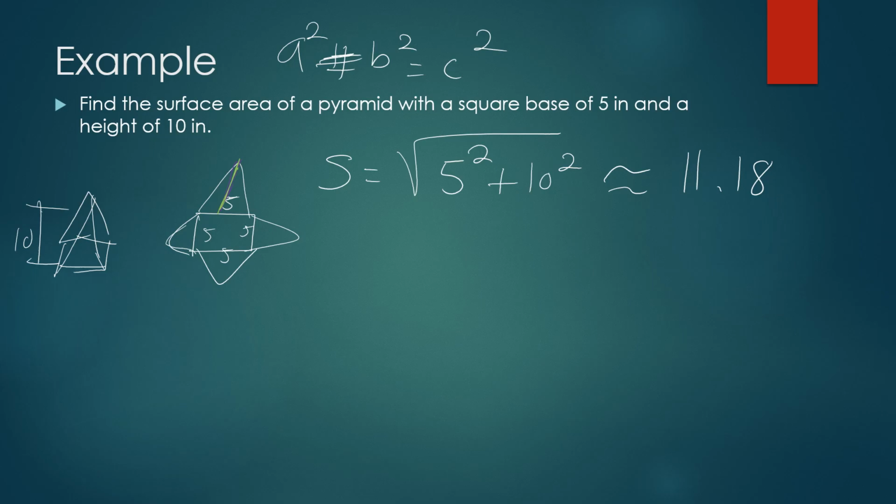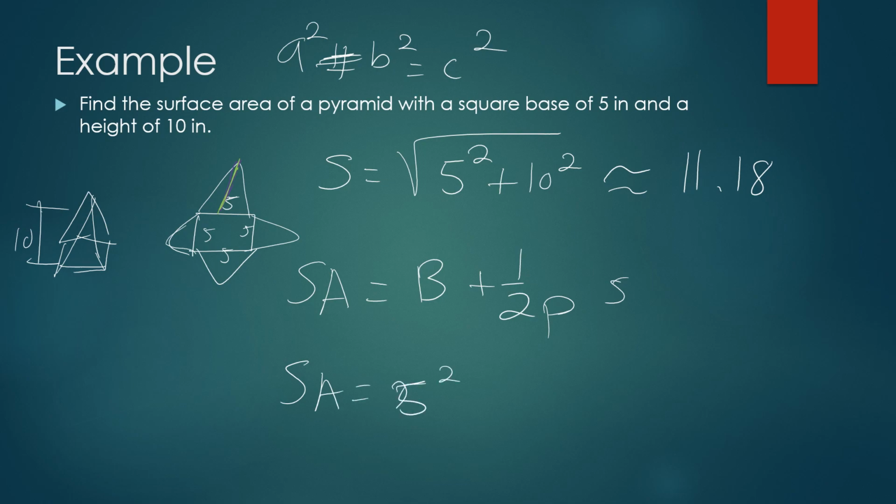Now if I want to find the surface area of this pyramid, I'm going to take the area of the base, and then I'm going to add 1/2 times the perimeter times the slant height, which in this case is 11.18. So my surface area is going to be 25, because 5 squared is the area of the base, that is the area of this square right here.